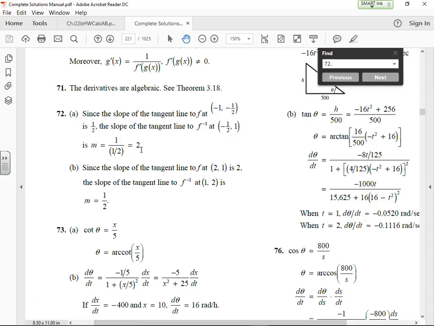Because remember, the slope of the inverse is 1 over the slope of the original. They gave you the slope, 1/2. So it was at 1, 2, and then you put 1 over 2.